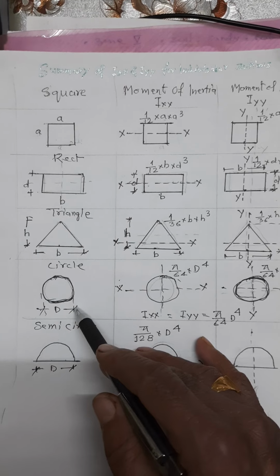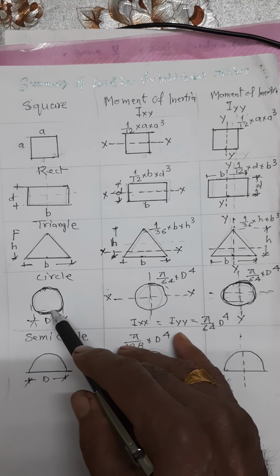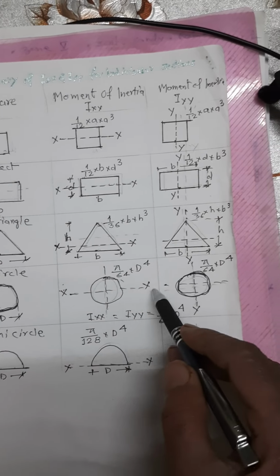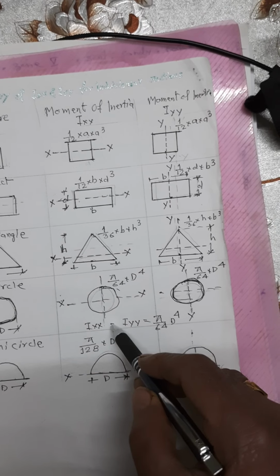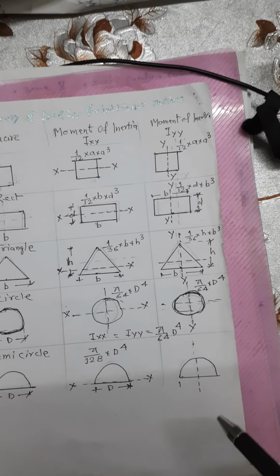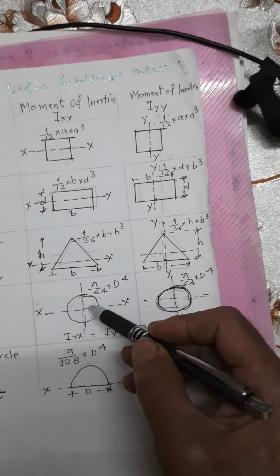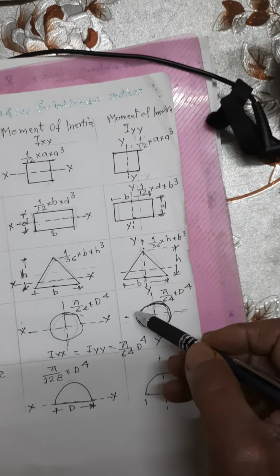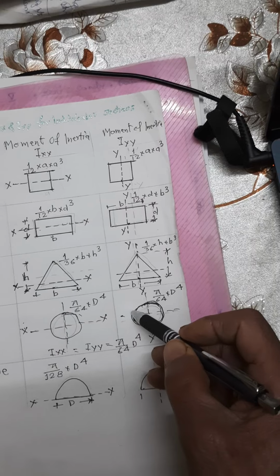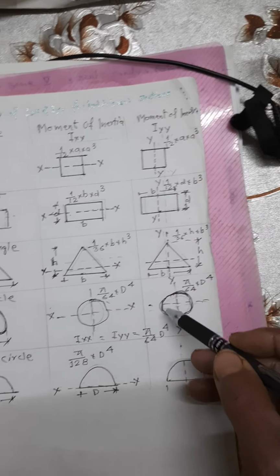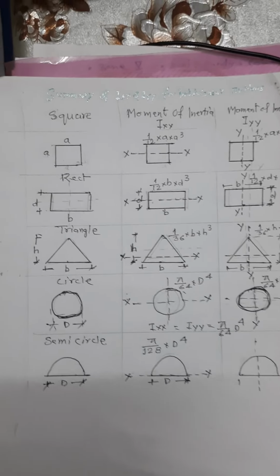About the circle, having diameter d, you know that Ixx is equal to Iyy, a symmetrical section. So Ixx is equal to pi by 64 d to the power 4. Similarly, Iyy is also equal to pi by 64 d to the power 4.